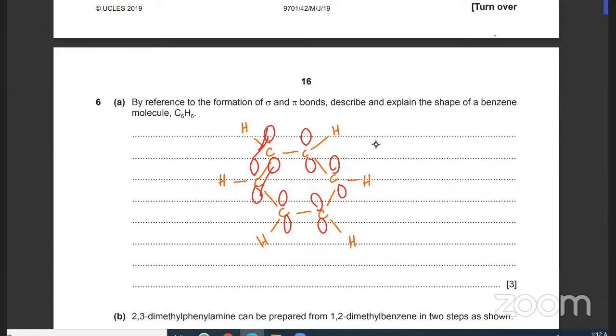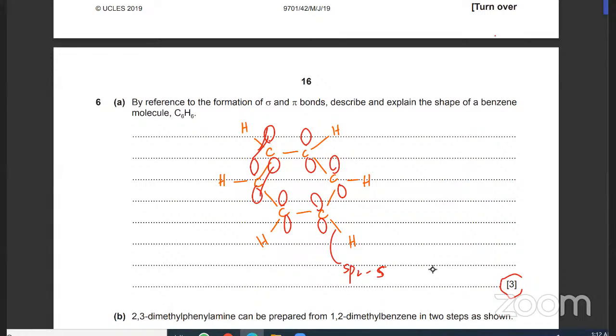Mention it because remember, when they give you so many lines, it's a very vague open-ended question, so it's better to explain as much as possible. Between the carbon and hydrogen, it's the sp2 of the carbon atom overlapping with the s orbital of the hydrogen atom.